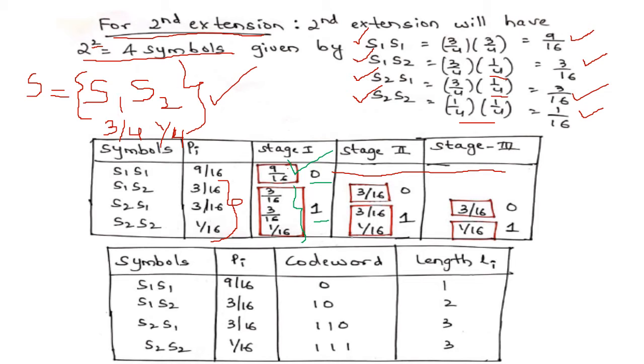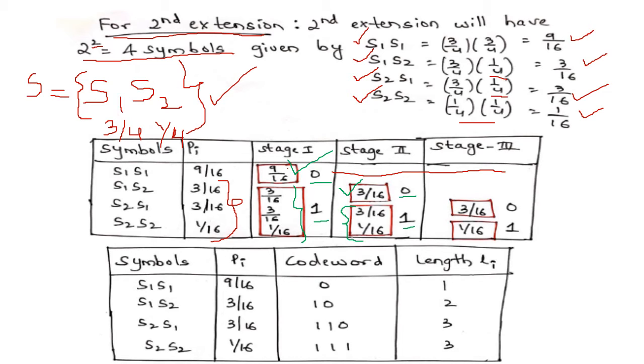So 3 by 16 is one group and the remaining 2 elements are in the second group. First group is assigned 0, second group elements are assigned 1.